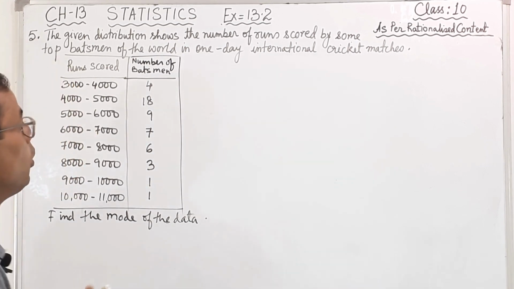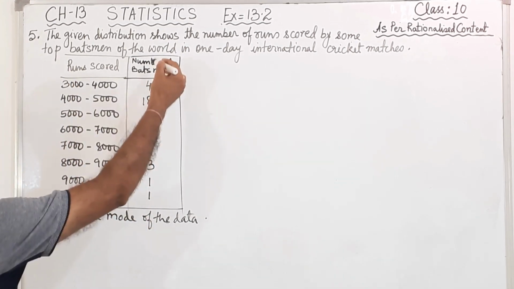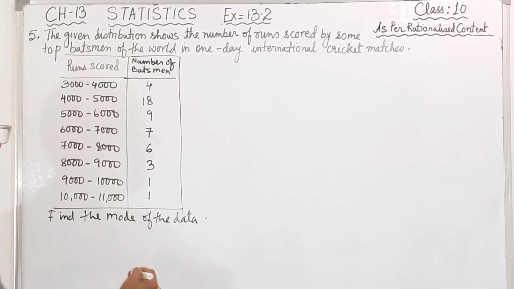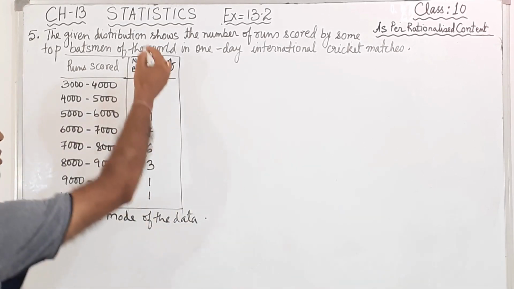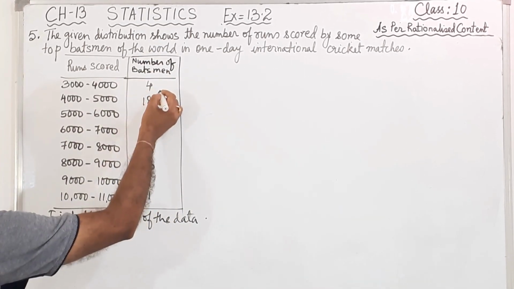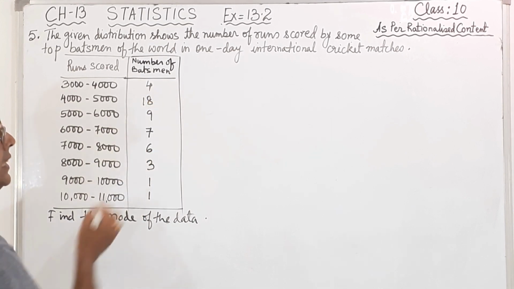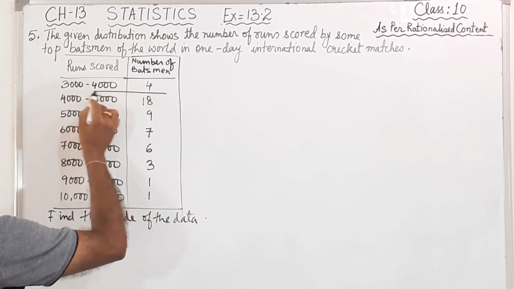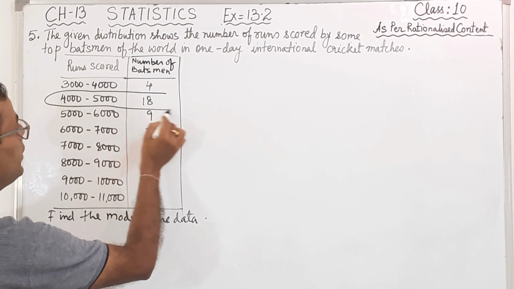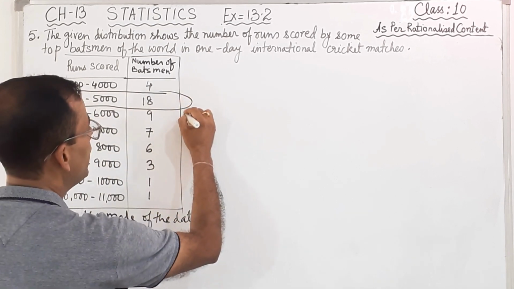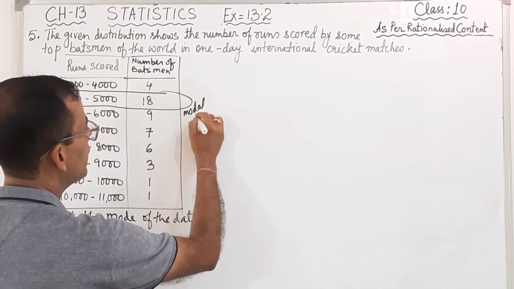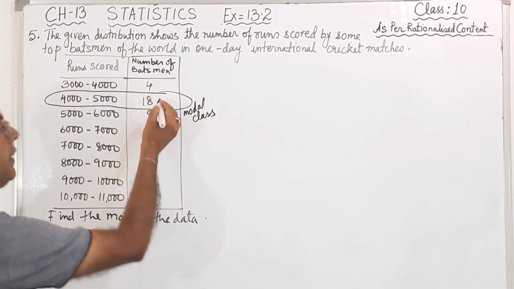How to solve the mode? You all know we have to first find out the maximum frequency. So this is the frequency column. The maximum frequency you can see is 18. So this one only we will circle, and we will write, modal class.